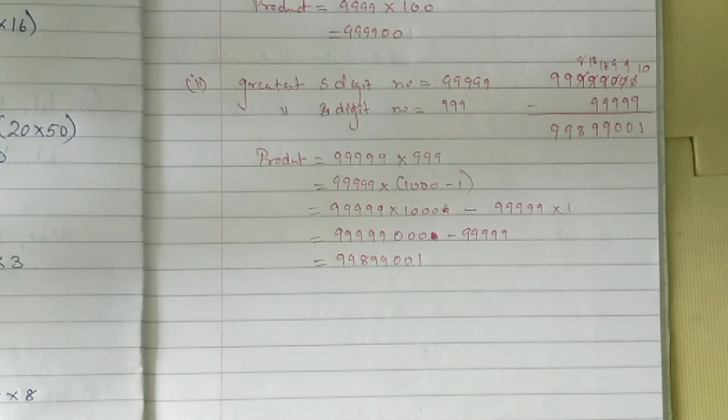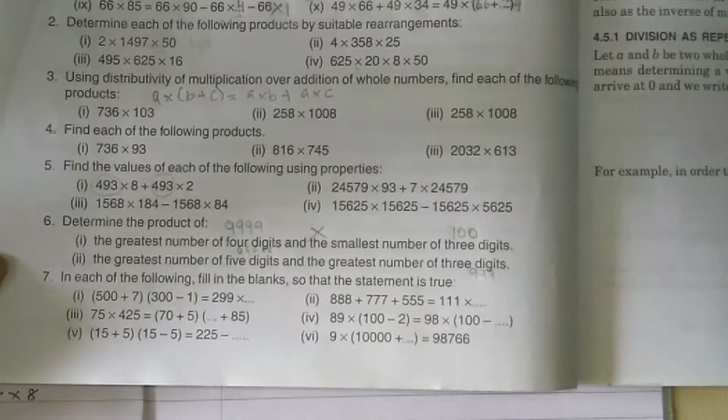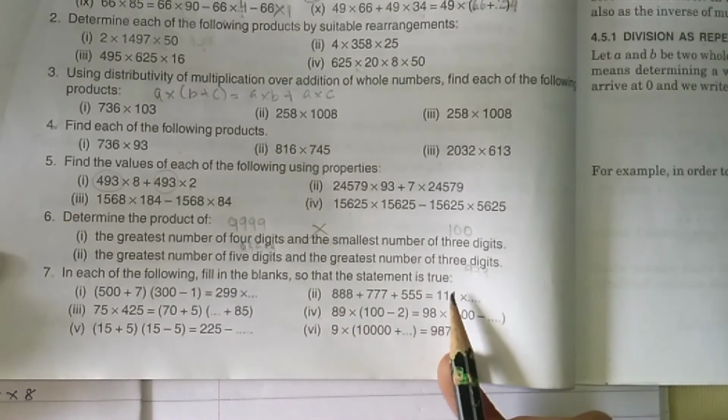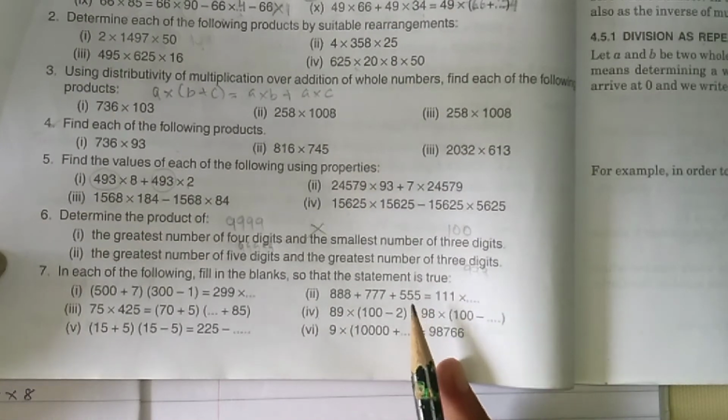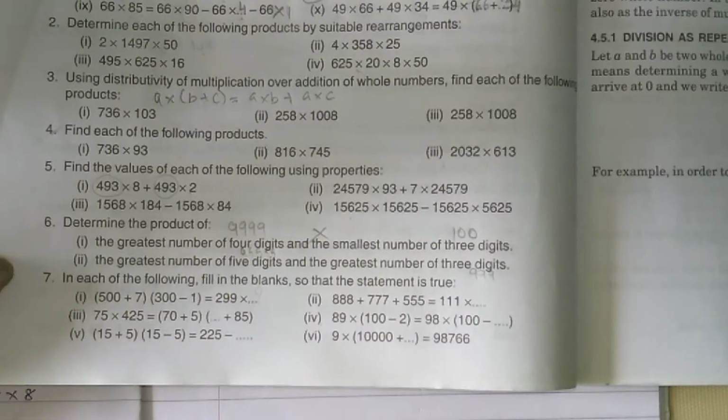Let us see question number 7. In question number 7, what is given is to fill in the blanks so that the statement is true. Here we have to fill the blanks. What comes here? So first one we will do.